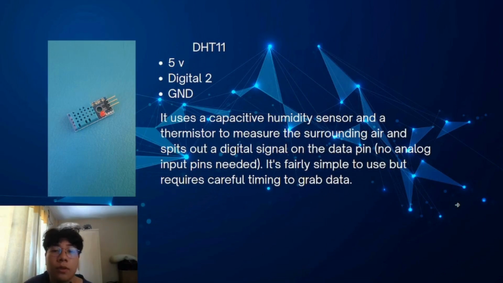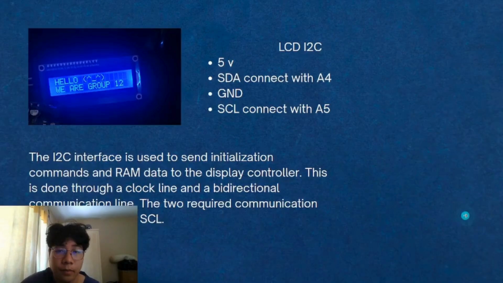The next one we use is the DHT11. It uses a capacitive humidity sensor and a thermometer to measure the surrounding air and sends out a digital signal on the data pin. It's fairly simple to use, but requires careful timing to get data.